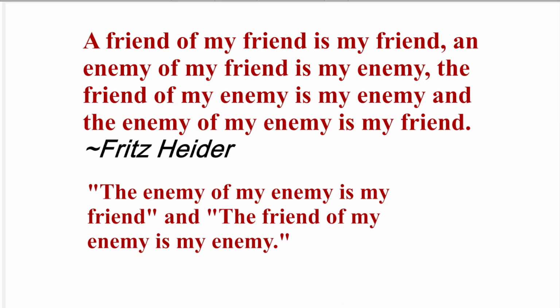So, basically, we're going to look at this theory even from a mathematical perspective and see whether it suffices. Fritz Heider was a psychologist who came up with this theory in the 1940s. It is called the balance theory, and it simply explains how people form friendships or alliances, or how they form enmities.